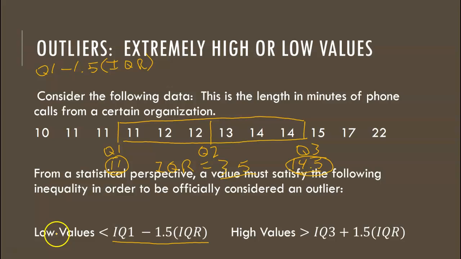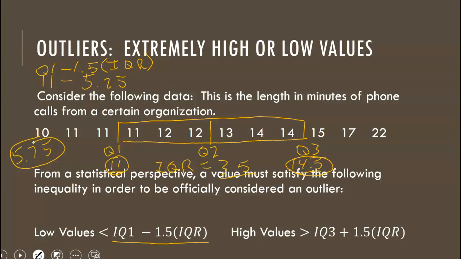If a value is too low for us to consider it to be an outlier, we would take our Q1 value and subtract 1.5 times this distance of 3.5 that we came up with, which is our interquartile range. So our Q1 value is 11. We would subtract 1.5 times 3.5. Well, that's 5.25. And 11 minus 5.25 is 5.75. So in other words, mathematically, in order for a number to be considered an outlier, it would have to be less than 5.75 for this data set.